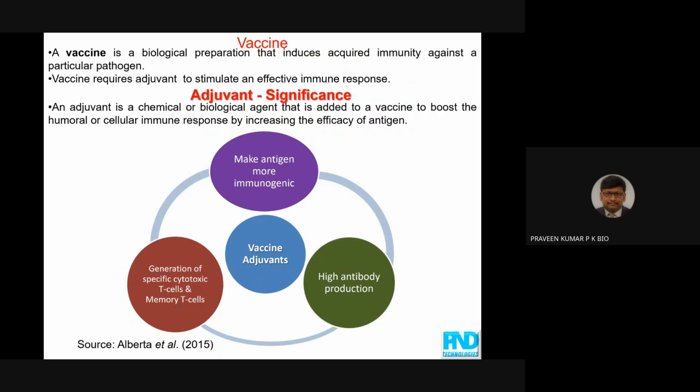Now let me take you through the definitions of vaccine and vaccine adjuvant. What is a vaccine? It is a biological preparation that induces acquired immunity against a particular pathogen. For example, if a person gets wounded, then obviously we get two types of immune responses.